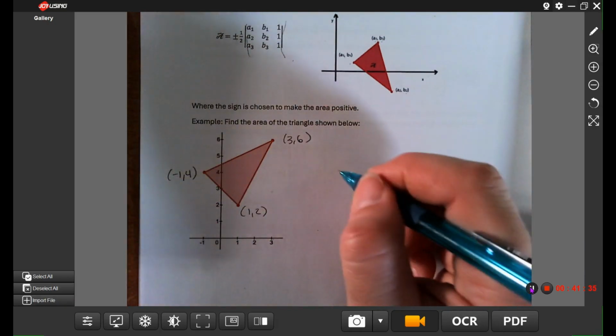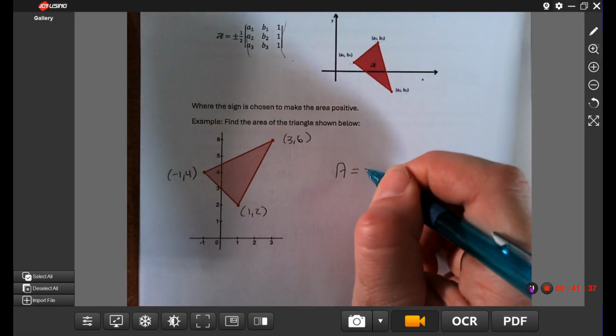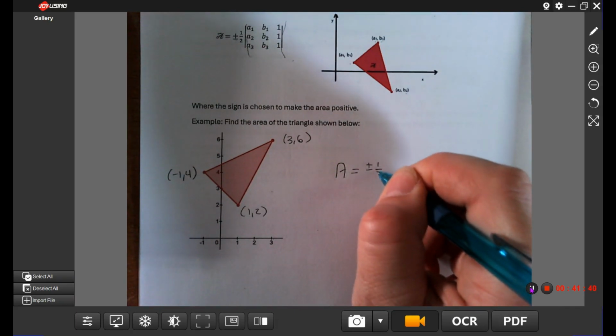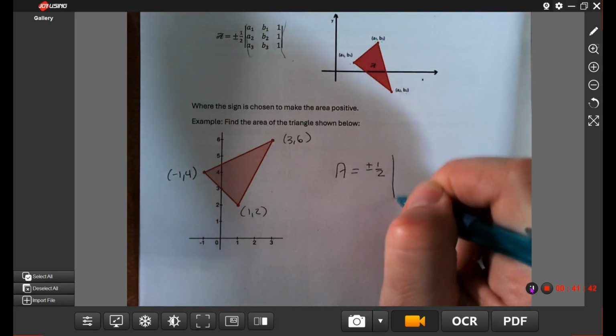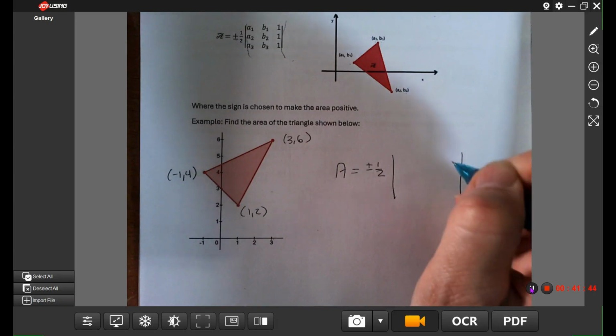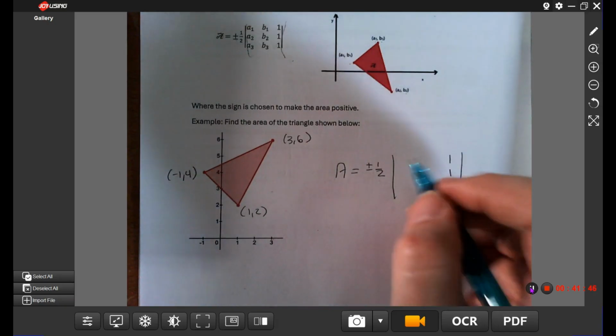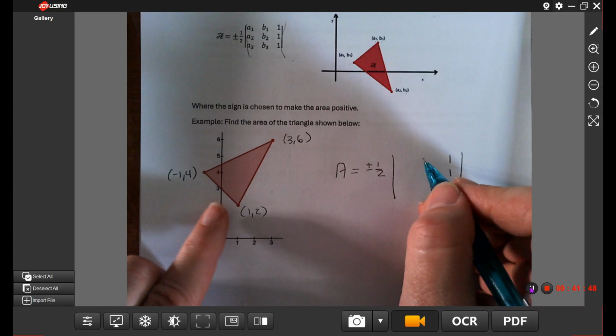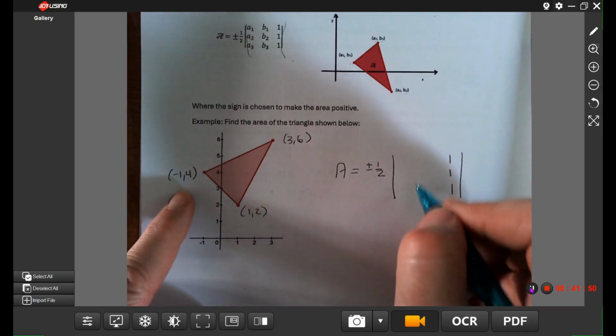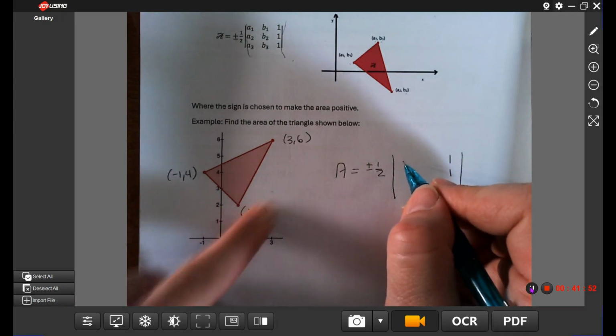So the area of the triangle is plus or minus a half, and then I have the determinant of the matrix where the third column are ones, and these are the pairs of vertices. It does not matter what order you put them in, so I'm going to go counterclockwise for no special reason.